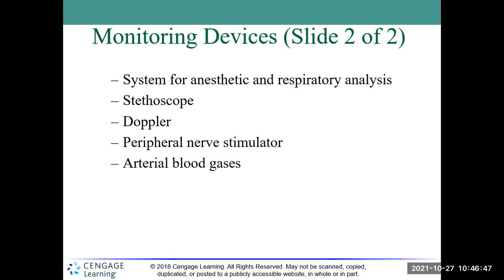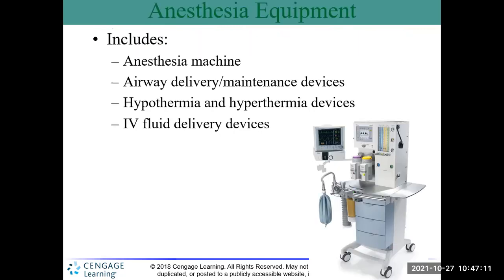A peripheral nerve stimulator, so if the procedure needs to analyze and monitor the nerve action through the procedure, a peripheral nerve stimulator may be used. And then arterial blood gases may be obtained as well. And if that's the case, then the anesthesiologist is usually going to have an art line to draw that from.